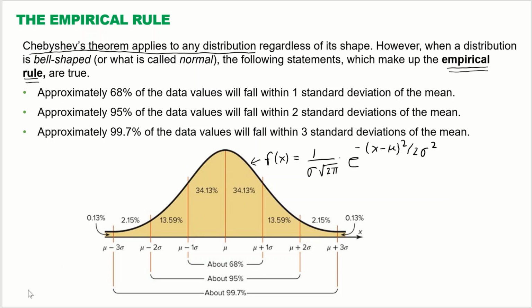So for the normal distribution, we use the empirical rule, and what it says is this: approximately 68% of the data fall within 1 standard deviation of the mean. For example, here we have the mean plus 1 standard deviation and the mean minus 1 standard deviation. We are in this region. So in this region, we have approximately 68% of the data.